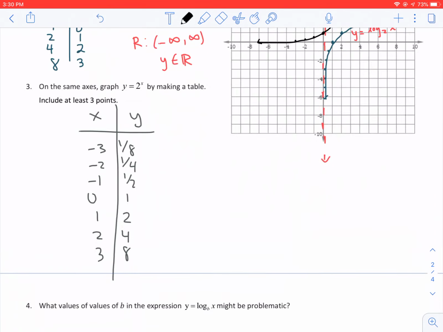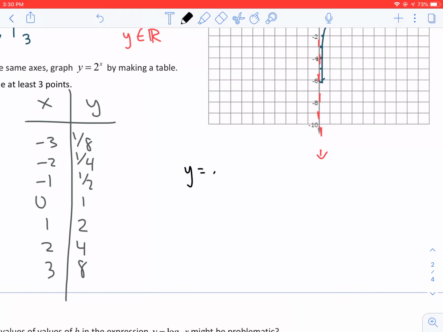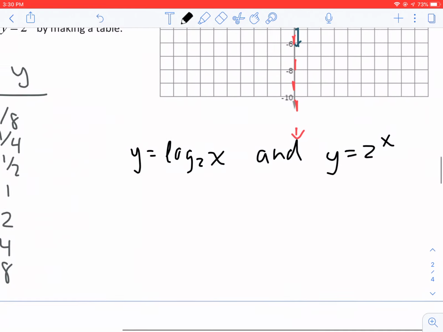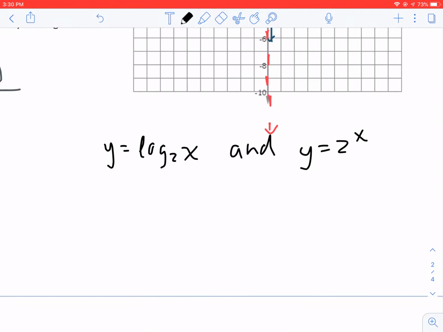All right, what can we say about y equals log base 2 of x and y equals 2 to the x? These functions are, hopefully you are thinking, inverses of one another. They are inverse functions.